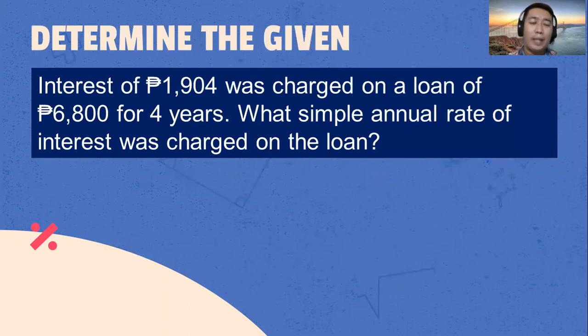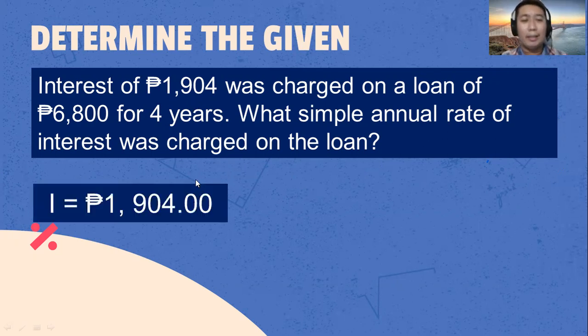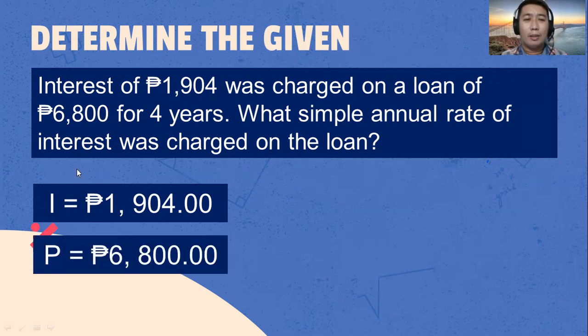Let's now try to identify the given. We have interest of 1,904 pesos. The amount of money borrowed, that is the principal amount, is 6,800 pesos.